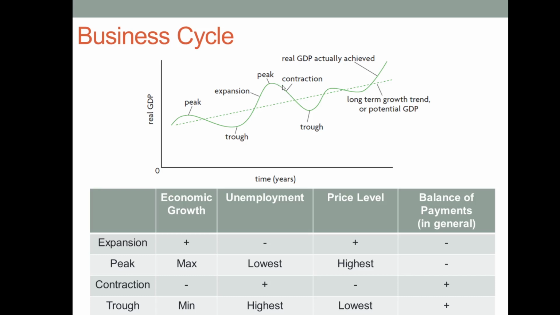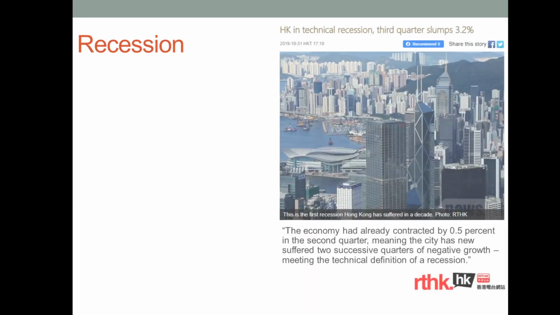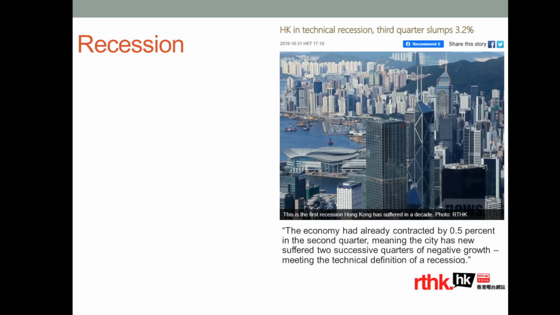But in this case, let's say somewhere around here, you may reach the requirement of approaching recession. So inside the contraction, there will be recession, after 2 successive quarters of negative growth. Then you can technically call that recession.